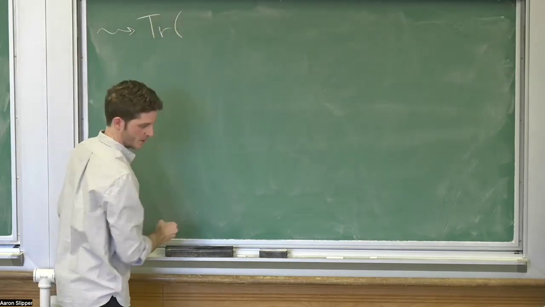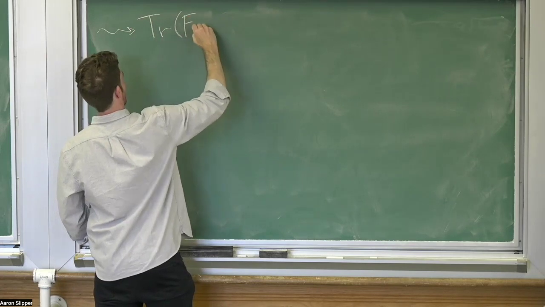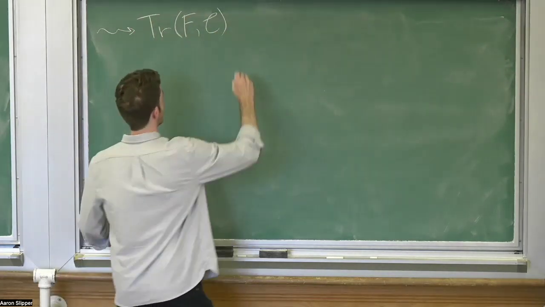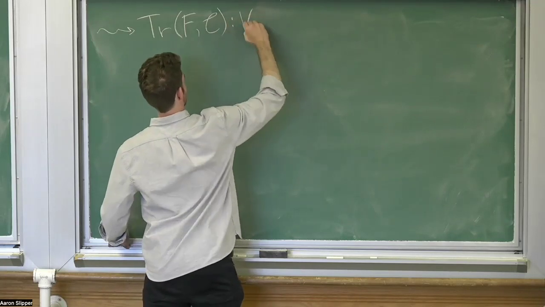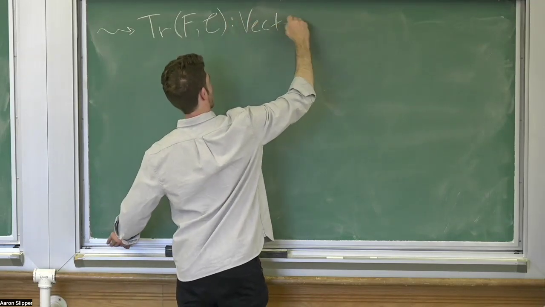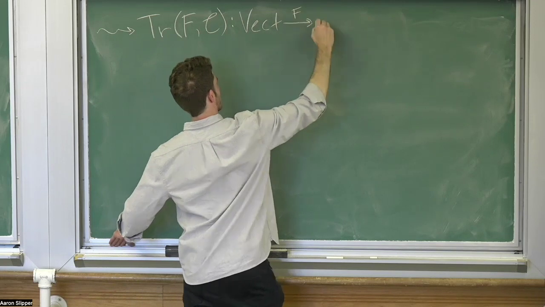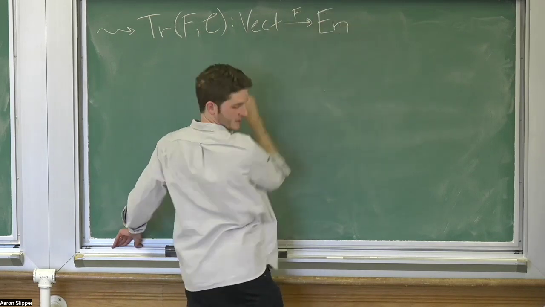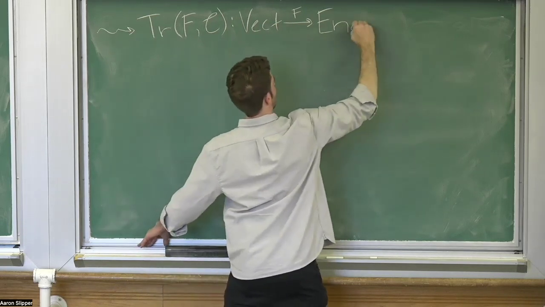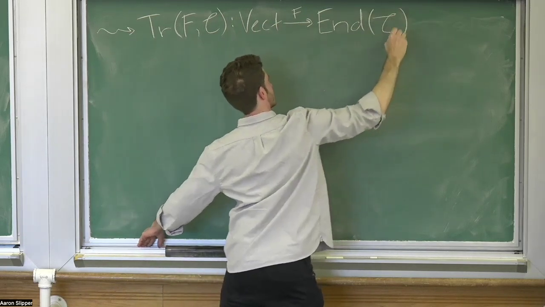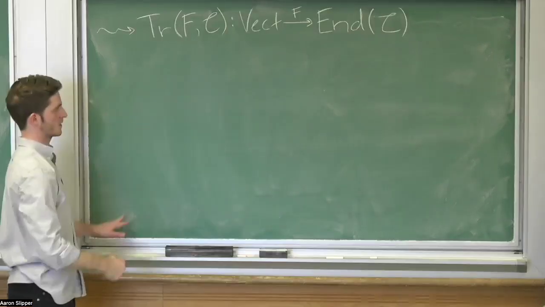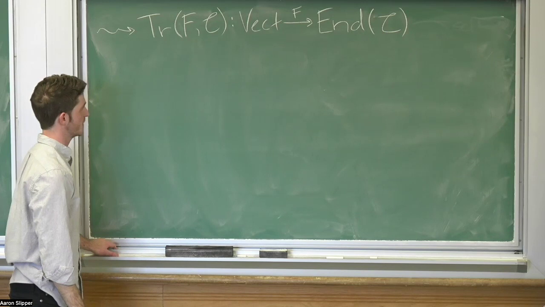There's a trace attached to this data. I'll call it the trace of F acting on C, and it looks as follows. First of all, F determines a functor from Vect, and again this is Vect over E, just to be clear, to endofunctors of C, again all continuous by default.